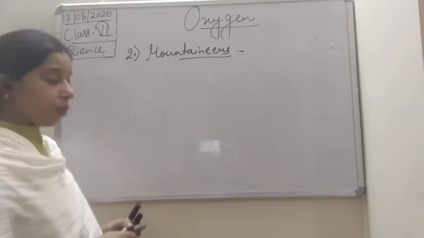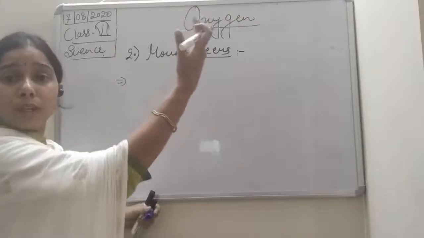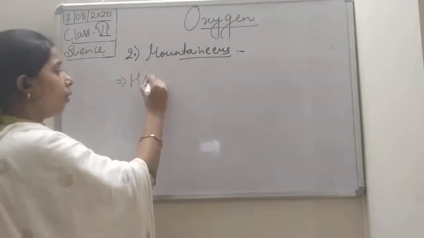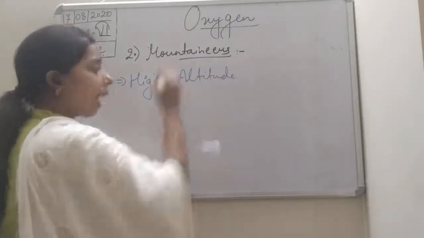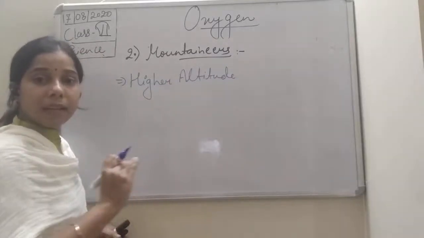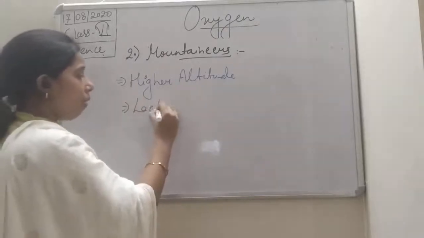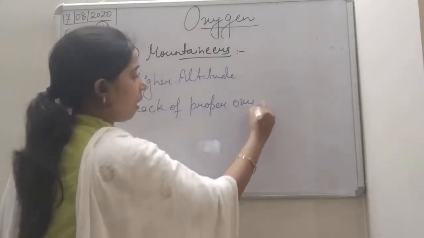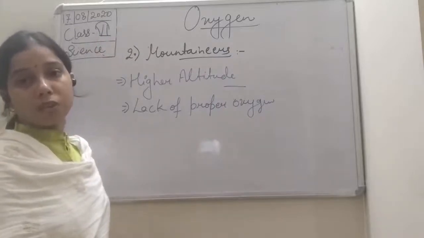If a person is going to a higher altitude, especially mountaineers, who climb mountains, the level of oxygen in the air decreases with the altitude. Thus, due to the lack of proper oxygen at the higher altitude, the mountaineer needs an oxygen cylinder.